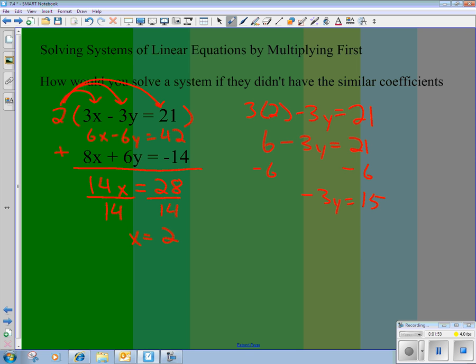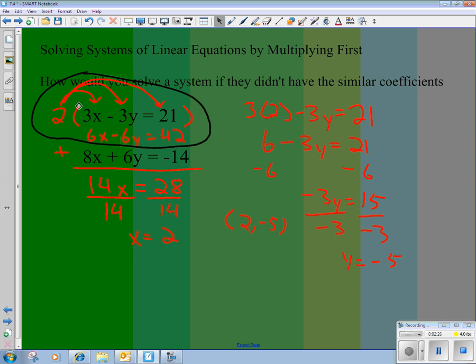Then divide by the negative 3 to get y equals negative 5. So our point is 2, negative 5. That's the coordinate. All right, so there's the first one. Nothing has really changed from elimination except for this first piece. If you could do elimination from the day before, all you're doing is adding this to begin with.